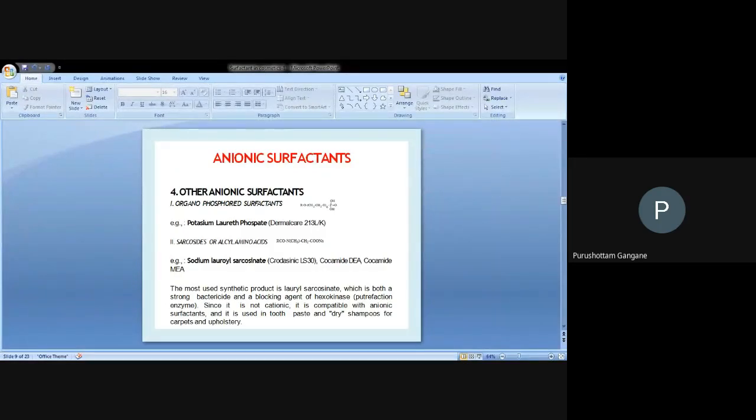It means this is one of the anionic surfactants which acts like a cationic surfactant, because most of the time cationic surfactants have this bactericidal property, but this is an anionic surfactant which also has the bactericidal property.